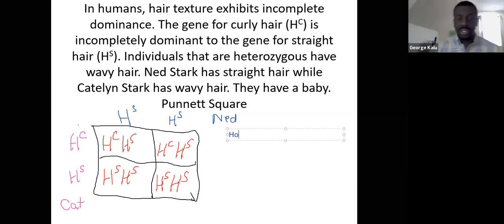What is the probability of a homozygous offspring? It's 50%. We have a 50% chance of having a homozygous offspring, because 2 of our 4 boxes have the same allele present, HSHS.